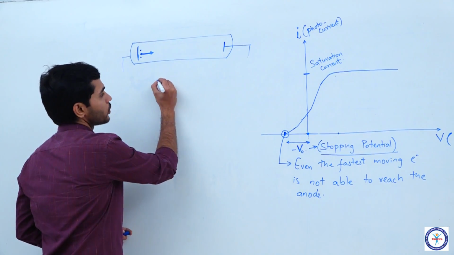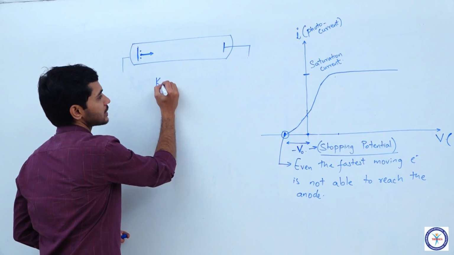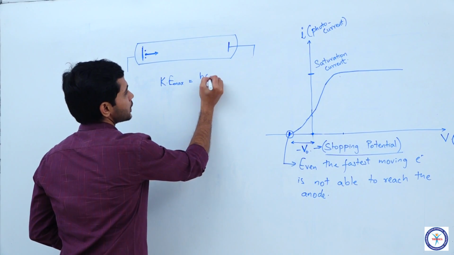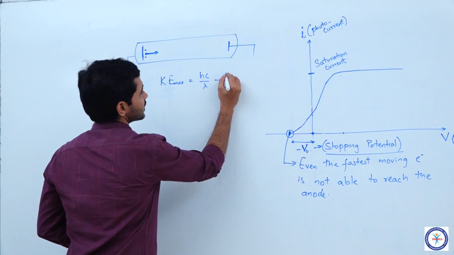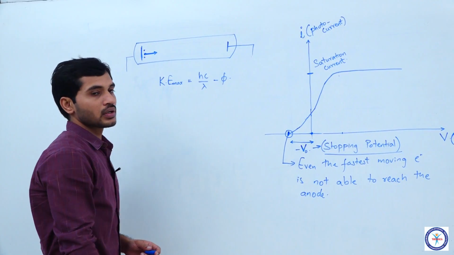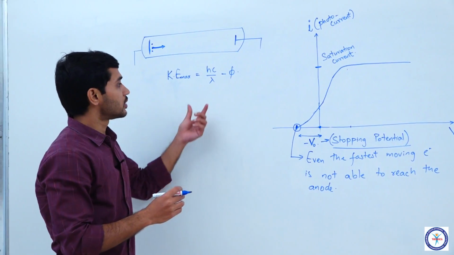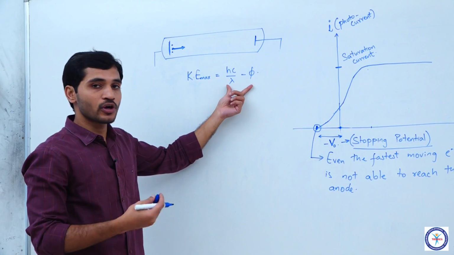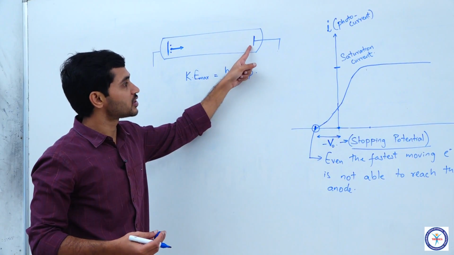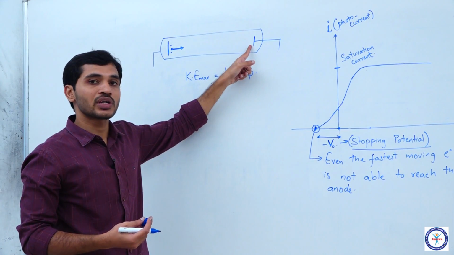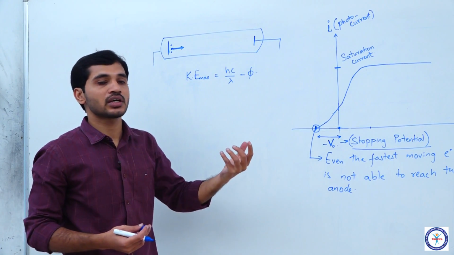We know that the fastest moving electron has the maximum kinetic energy, which is hc by lambda minus phi. If this much energy is lost even before reaching this particular point, then the fastest moving electron will come to rest, which is what we actually require.